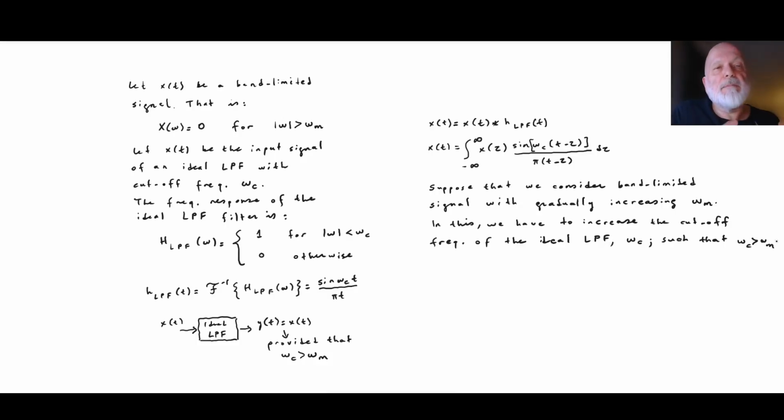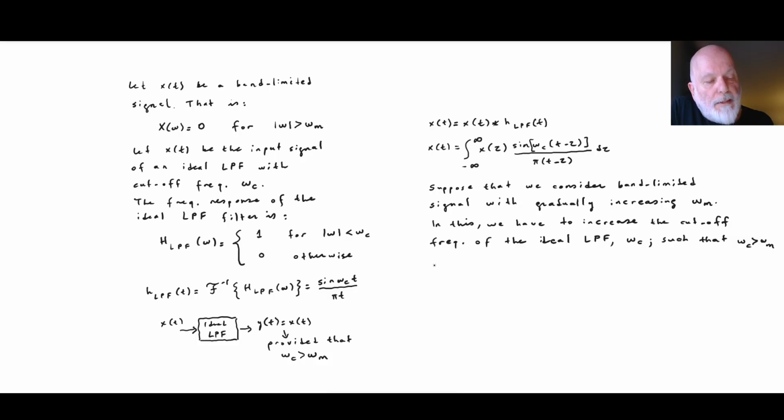So omega m is increasing and correspondingly omega c is increasing. And in the limit, as omega m tends to infinity, omega c will also tend to infinity.